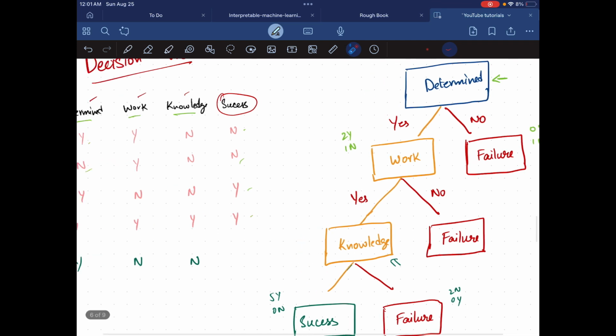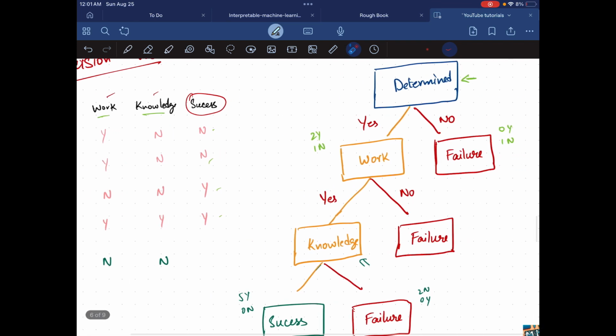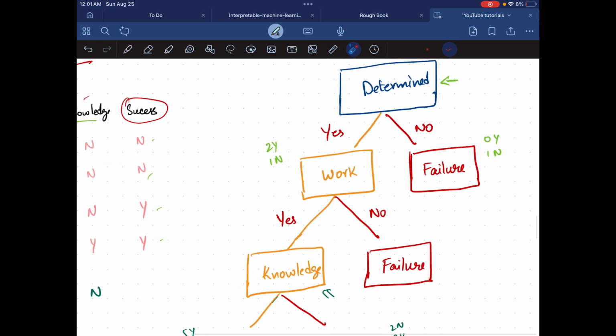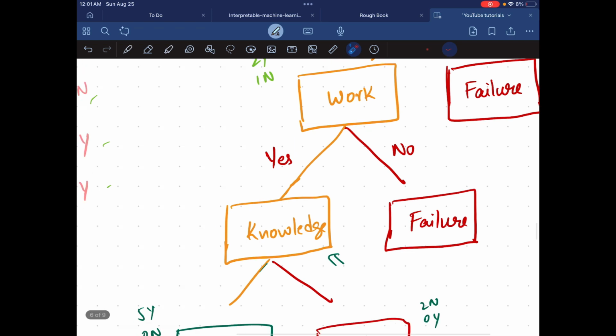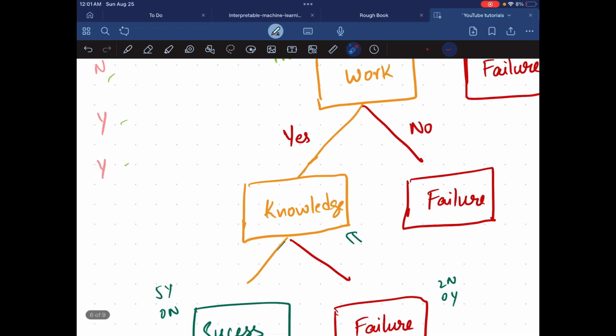As I said, the first feature we took was determined. If the guy is determined, then you go for another check, which is whether he works or not. If he's not determined in the first place, then he has failed. Then coming to the second feature, you evaluate work. Does he work, yes or no? If no, then he's going to be a failure in life.